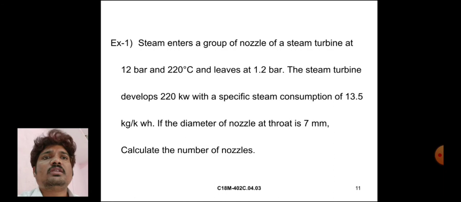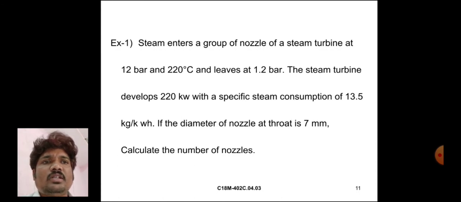Example 1. Steam enters a group of nozzles of a steam turbine at 12 bar and a temperature of 220 degrees centigrade and leaves at 1.2 bar. The steam turbine develops 220 kilowatts with a specific steam consumption of 13.5 kg per kilowatt hour.